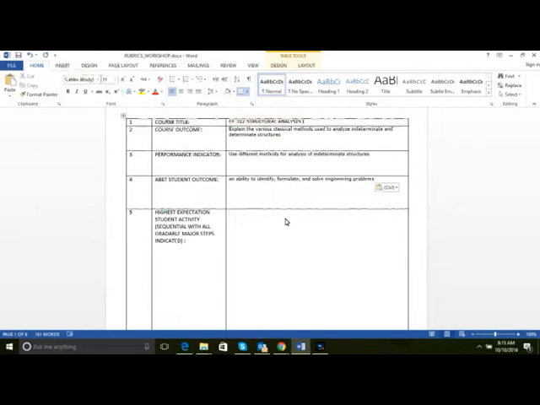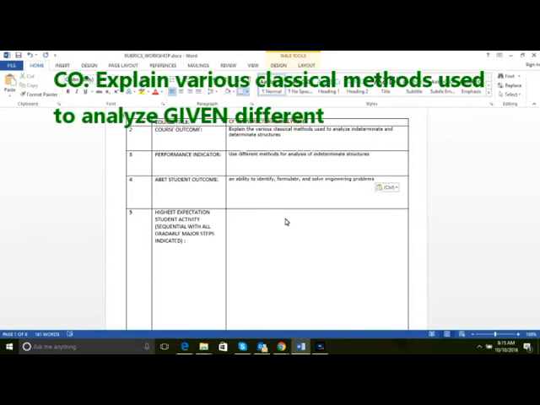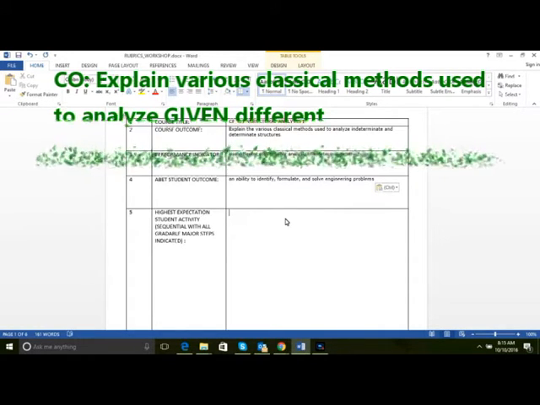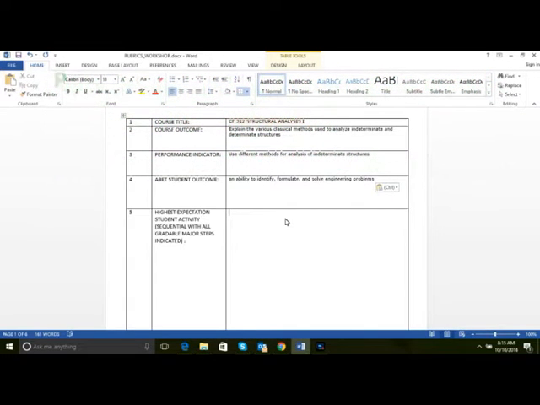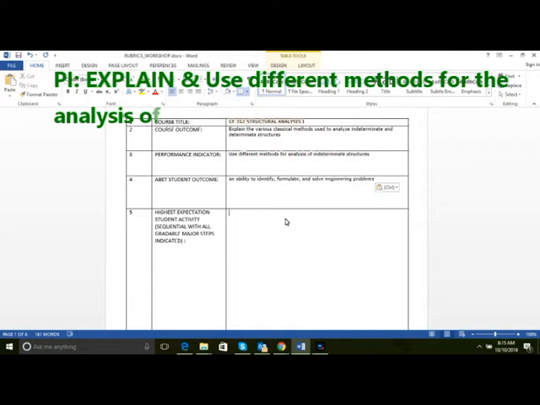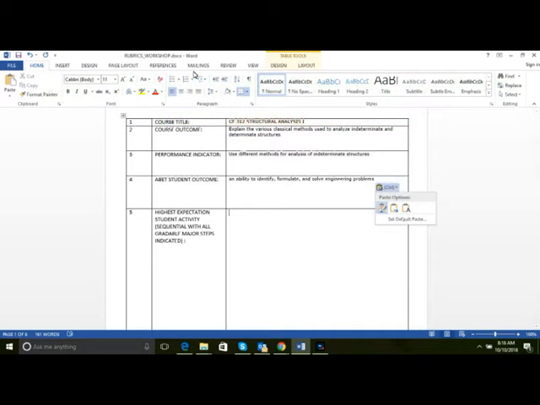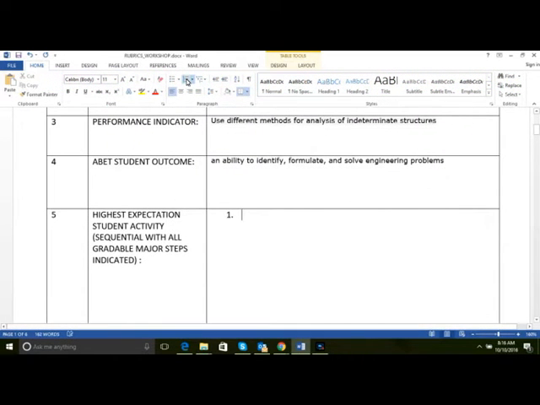Course outcome: explain various classical methods used to analyze given different determinate and indeterminate structures. So given could be added here and the course outcome could be improved. The same thing for PI, we could add explain and use different methods for analysis of given indeterminate structure. These are the improvements to the current course outcomes and performance indicators.